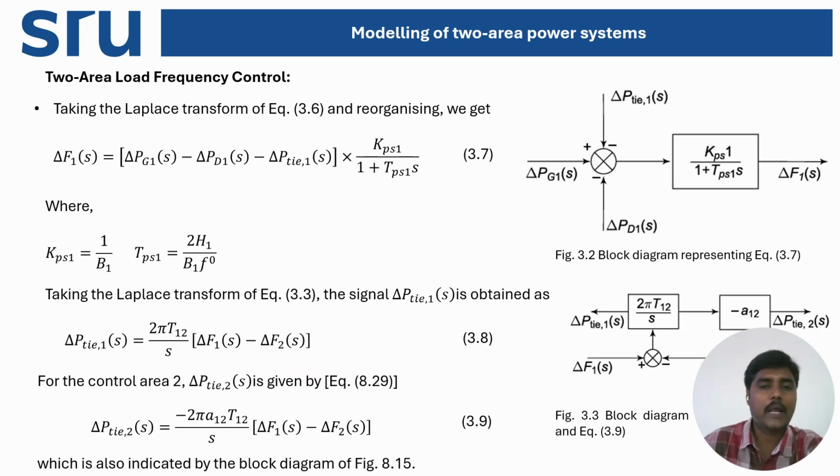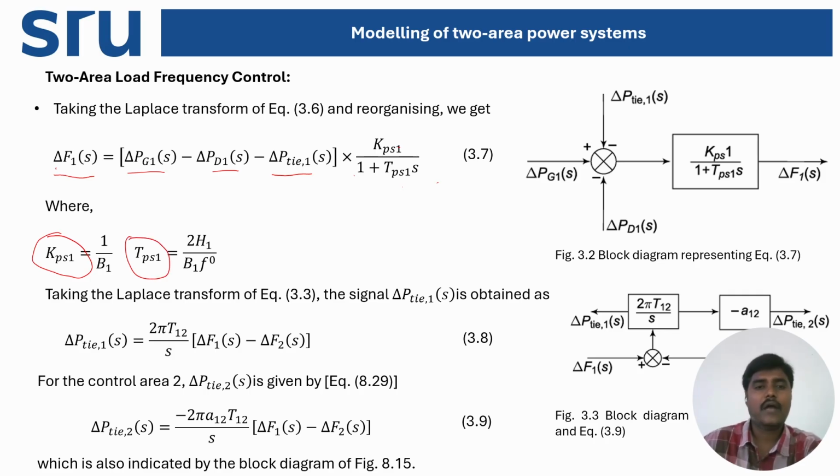If you take the Laplace transform of that equation, it becomes delta F1 equal to delta Pg1 minus delta Pd1 minus delta Ptie1 of S, times Kp1 by 1 plus Tp1 S, where the power system gain is expressed as Kps1 and the power system time constant is expressed as Tps1.